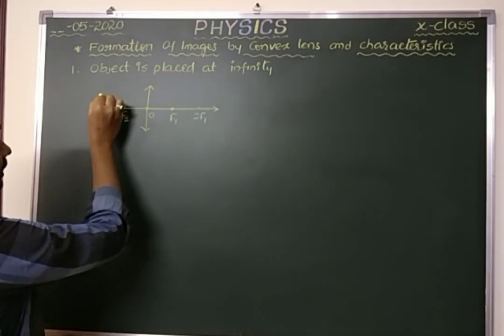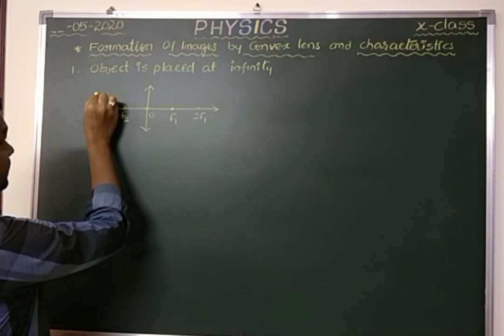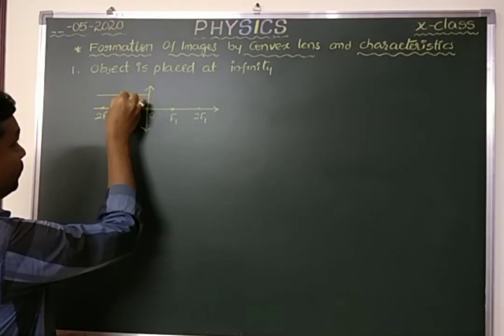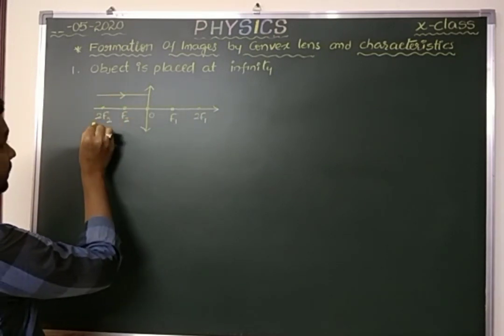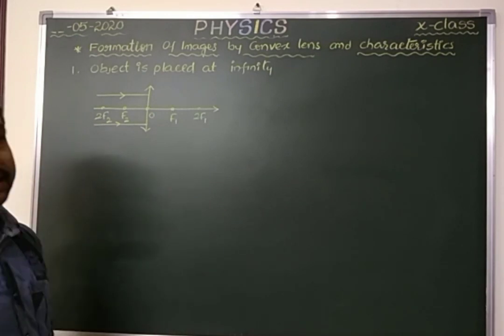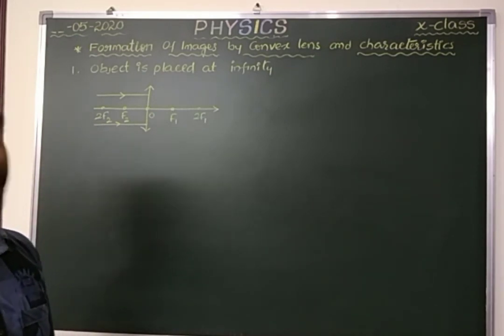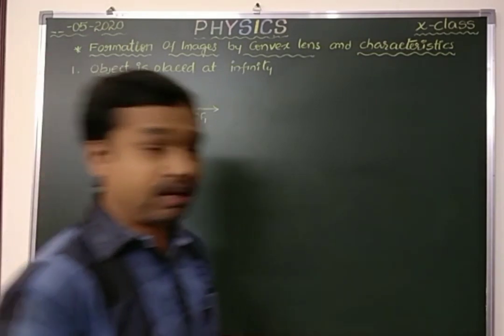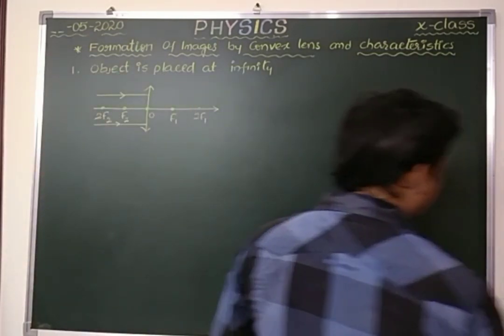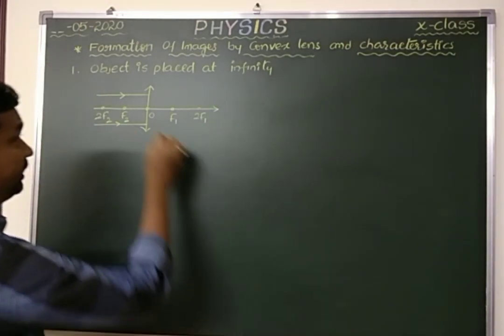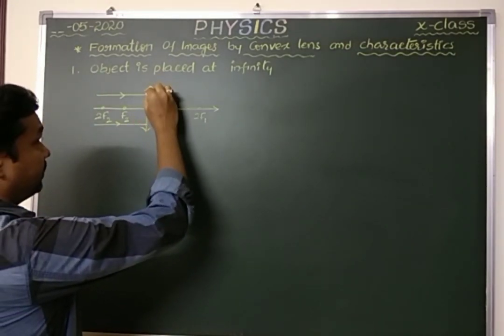Object at infinity is represented as parallel lines, which are parallel to the principal axis. Two parallel lines I am considering. One is above the principal axis, the second one is below the principal axis. After being incident on the convex lens, what happens to the light ray? After being incident on the lens, it gets refracted according to the first rule.